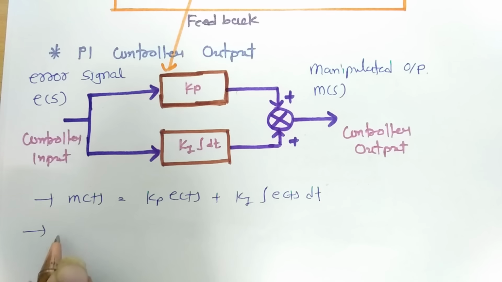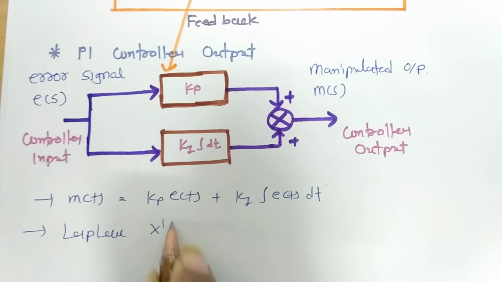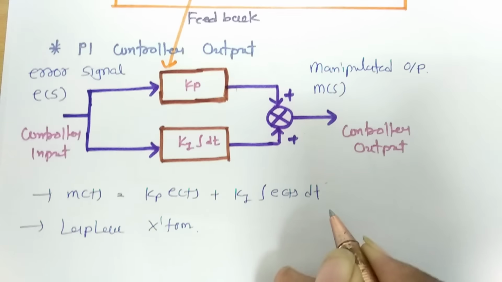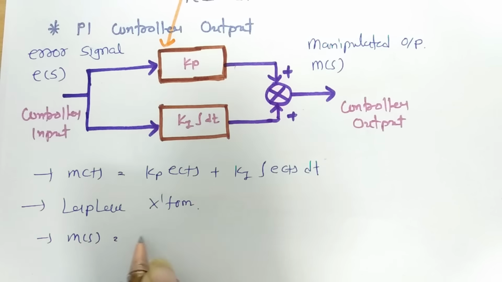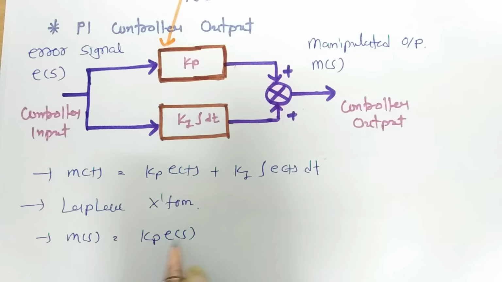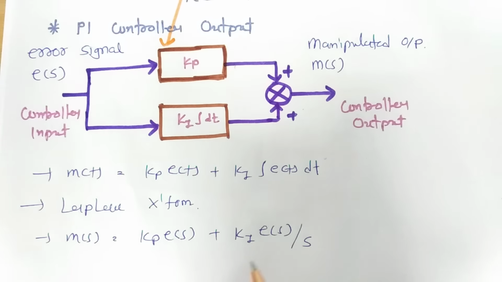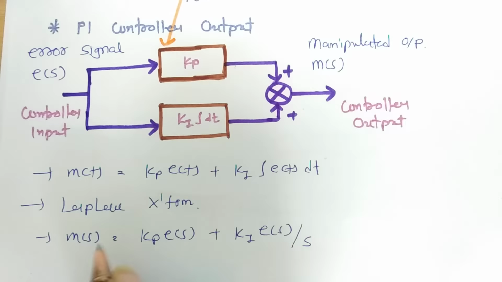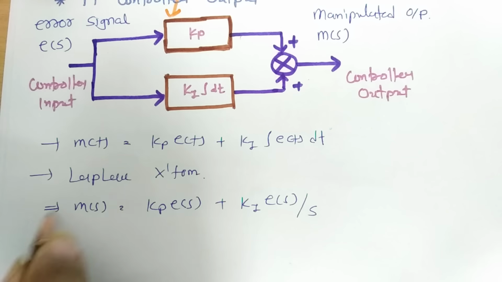Now after having Laplace transform, we can have this in terms of S domain. So M(s), now that will be Kp into E(s) plus Ki into E(s) divided by s. So this is what the basic output that is there in terms of S domain, and even I can rewrite this.